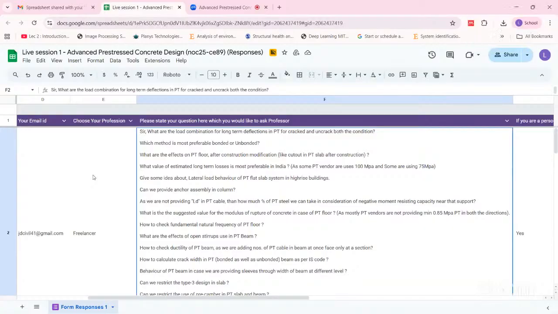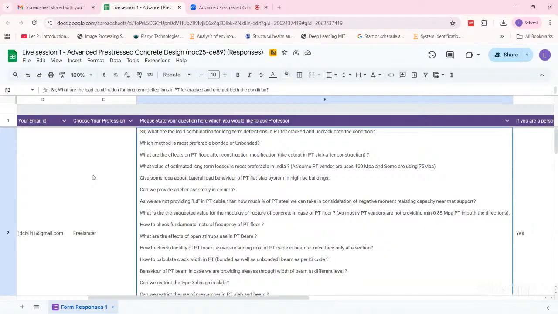Yes, sir. Many structural consultants do not allow anchor assembly. Suppose a live end and dead end, anchor plates, zone, cones, and the pocket former, which is not allowable to insert in column because they are thinking the effective cross-sectional area of the column is reducing at that location, and some additional axial force is also acting on the anchor plates and cones. Many Indian consultants also allow only the stressing from the column, and some allow outside the column.